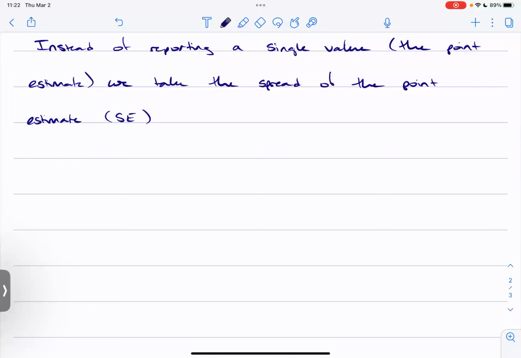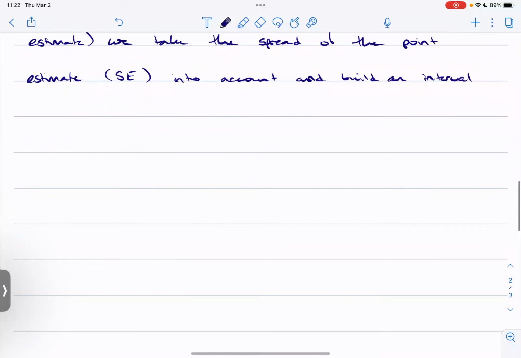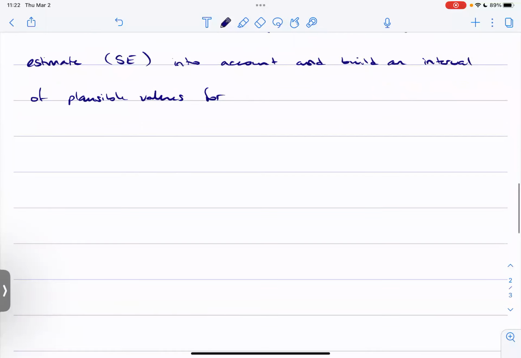So we take the spread of the point estimate into account and build an interval of plausible values for p, or maybe I'll say for the parameter.